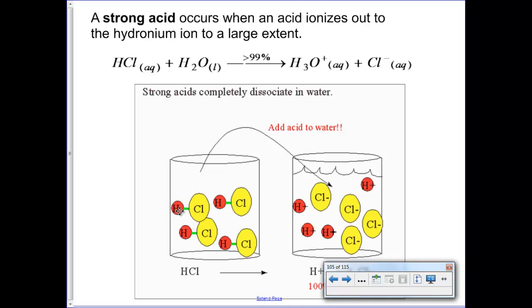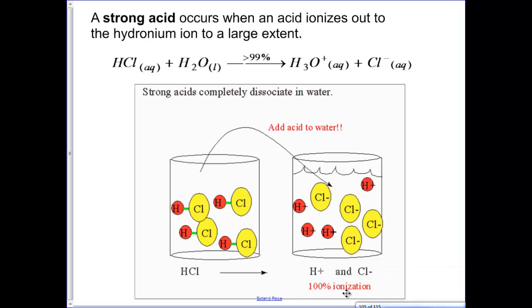Some things will break apart all the time. Like say HCl. See how these HCl bonds right here? Pretty much all of them were broken. I might say that 100% of these bonds were ionized. The more that things break apart, the stronger they are. In chemistry, strength is actually not a measure of conductivity. Strength is a measure of your ability to break apart.